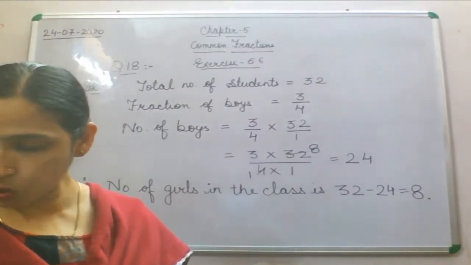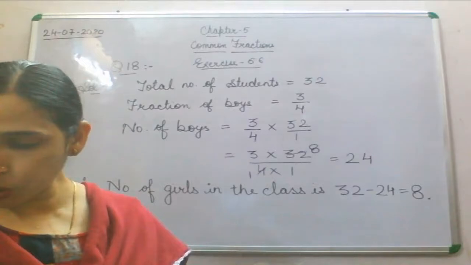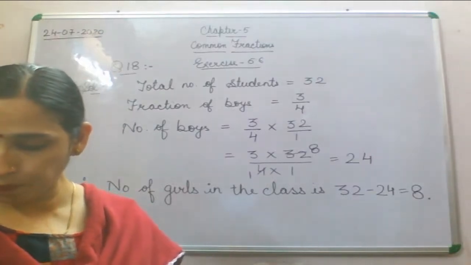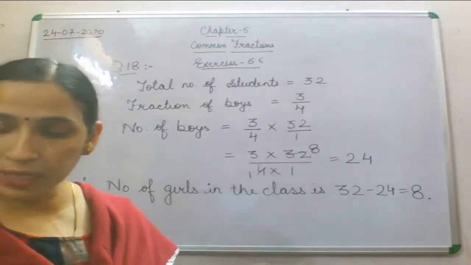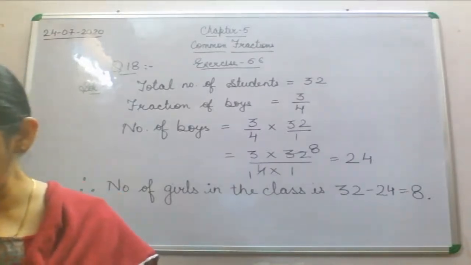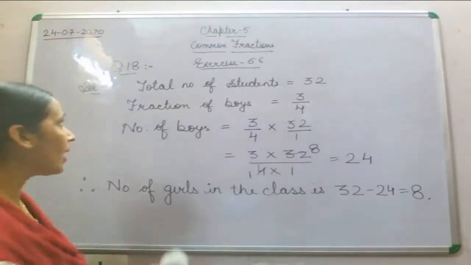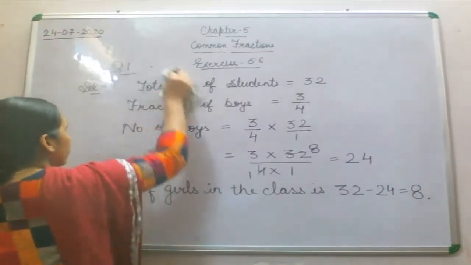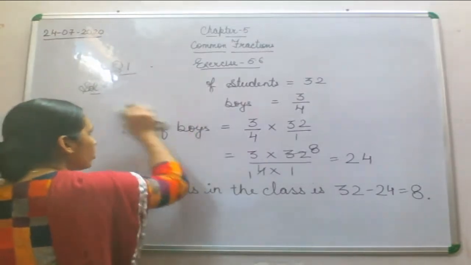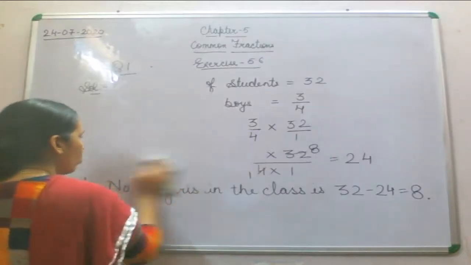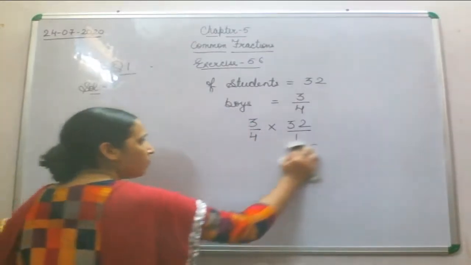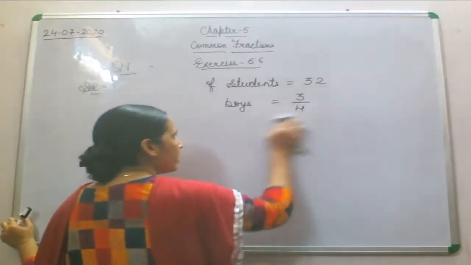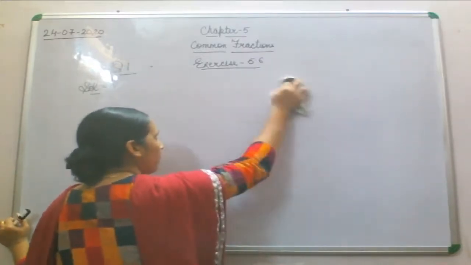Okay. So now what is question number 19? The cost of 1 meter of cloth is rupees 140. Now you have been given the cost of 1 meter of cloth, which is 140.